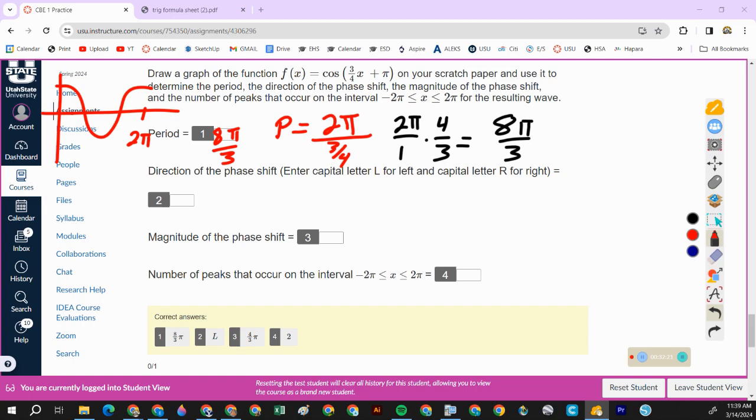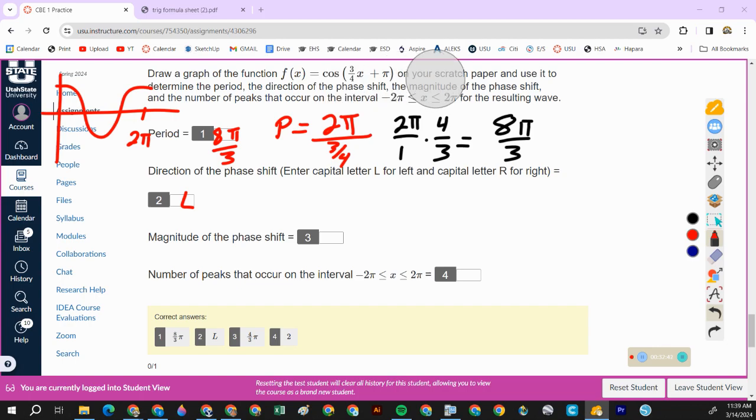Okay. Direction of the phase shift. Are we going left or are we going right? So phase just means, well, phase is your x-axis numbers. So we're going to phase shift left. The magnitude of the phase shift.